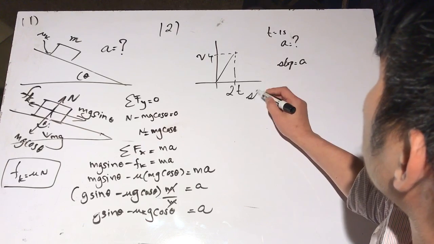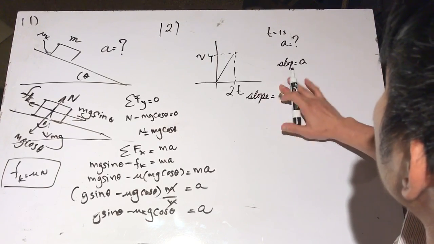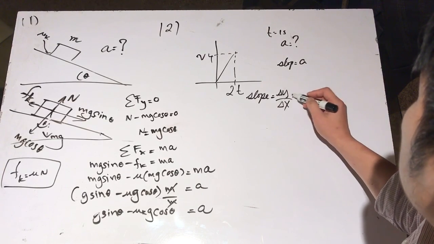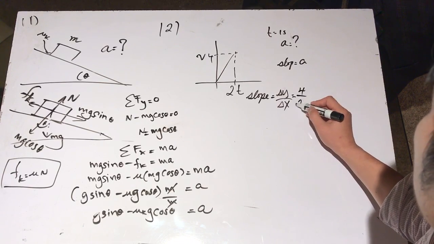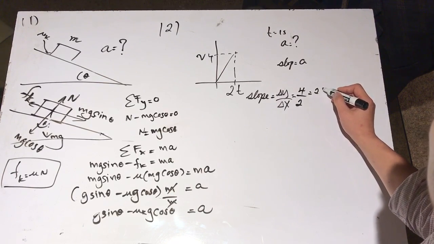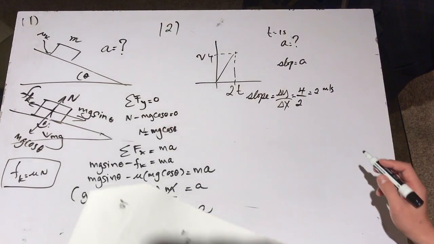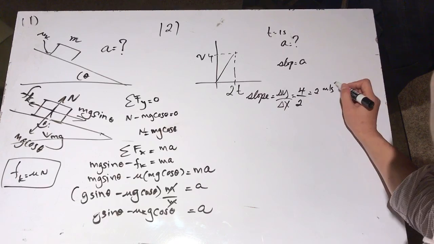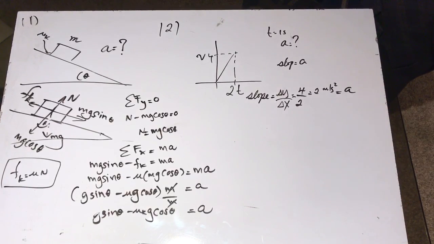So slope is equal to change in y over change in x. The y is 4 and the x is 2, so that would be 2 meters per second squared, because the slope itself is the acceleration.